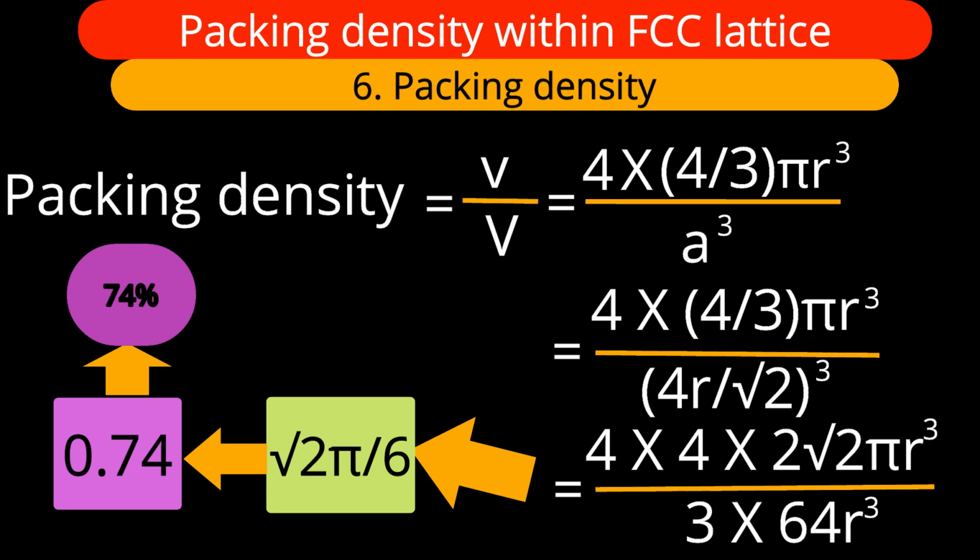Root 2 cube means root 2 into root 2 into root 2, means 2 root 2. It is in the numerator. And 4 by 3 is there in the numerator in the second stage. So that 3 came in the denominator in the third stage. Remaining things you will understand. Now just simplify that. What you will find? 4 into 4 into 2, it is 32, and below is 64. So 32 into 2, 64. So now the final answer will be root 2 pi divided by 6.